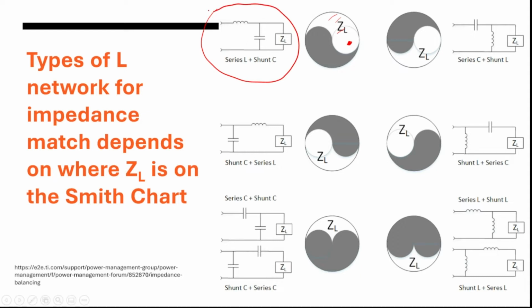However, this is not the only solution. If the point is here, we can also use this configuration to solve our problem. So there doesn't necessarily have to be only one solution for one impedance load. It can be more than one solution.